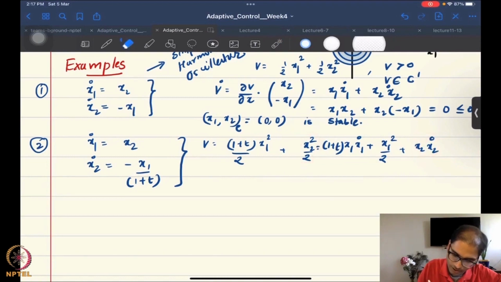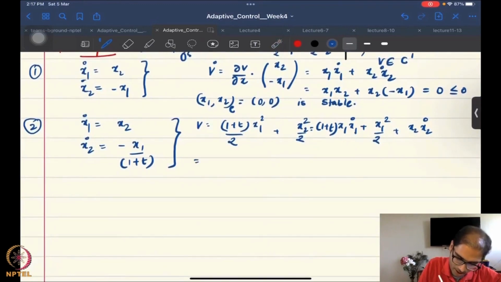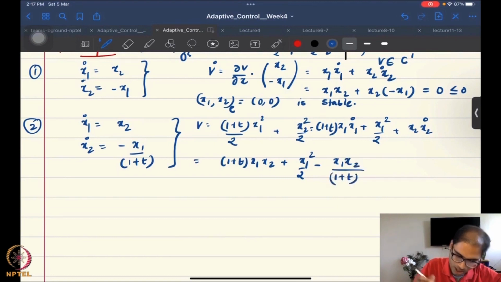Now if I substitute for my dynamics, I will get (1 plus t) x1 x2 plus x1 squared by 2 minus x1 x2 divided by 1 plus t.